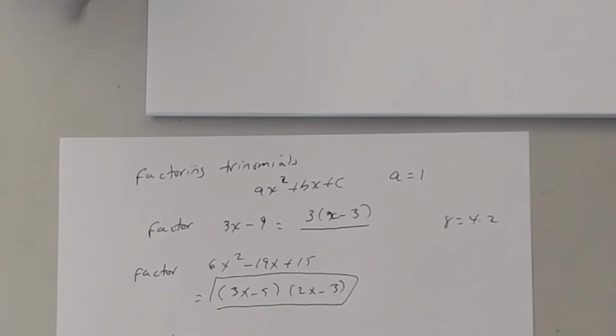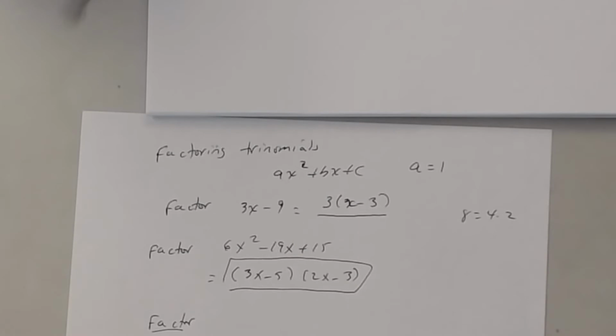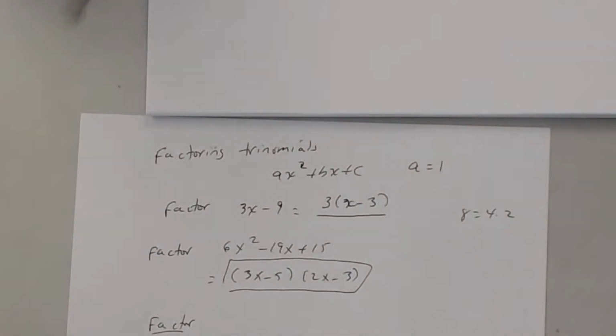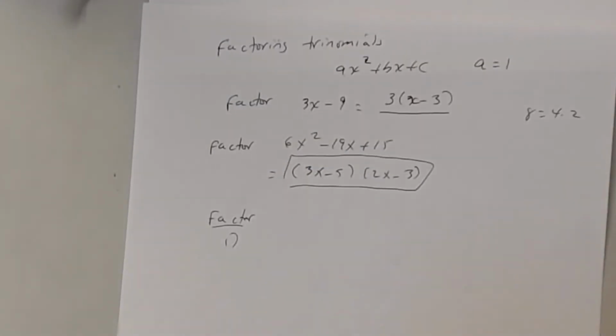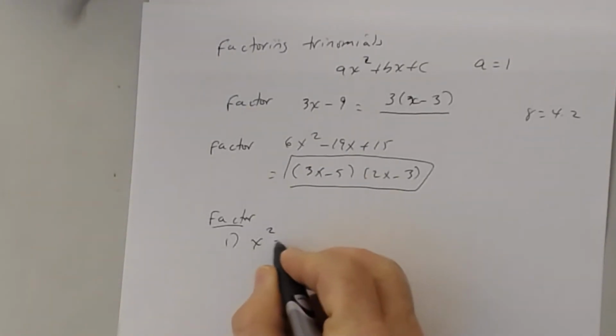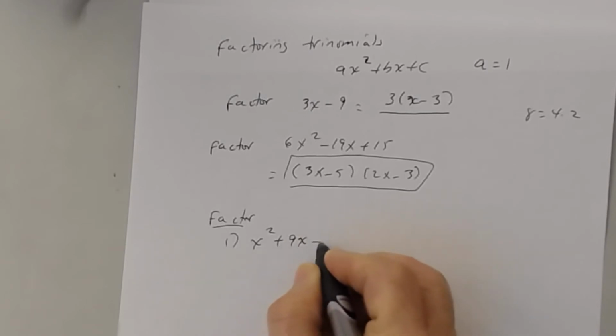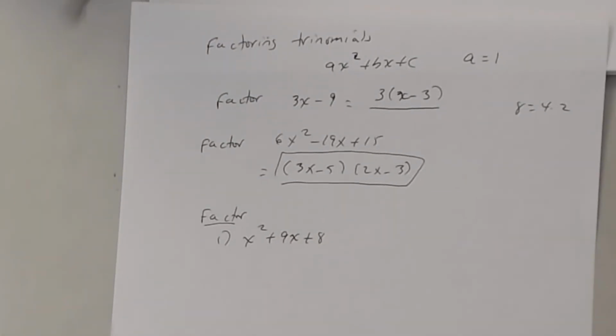Number 1. Let's say we had this, number 1. We had x squared plus 9x plus 8. So x squared plus 9x plus 8. All right, I have a trinomial.